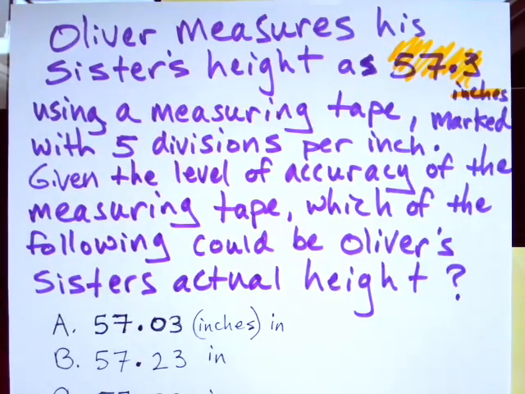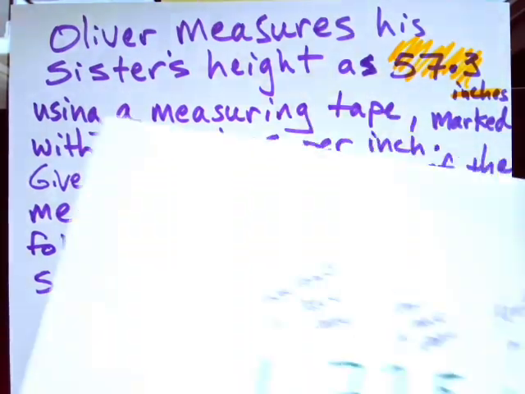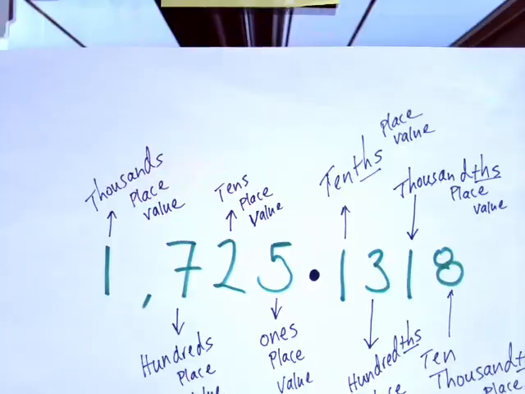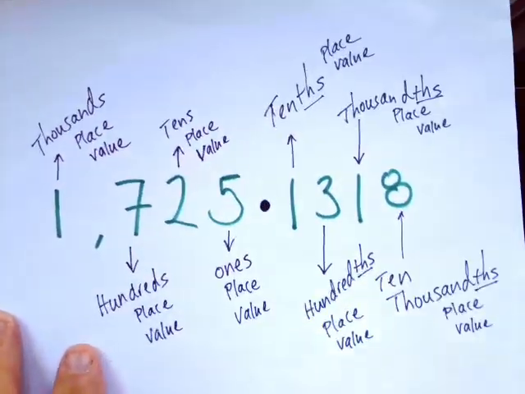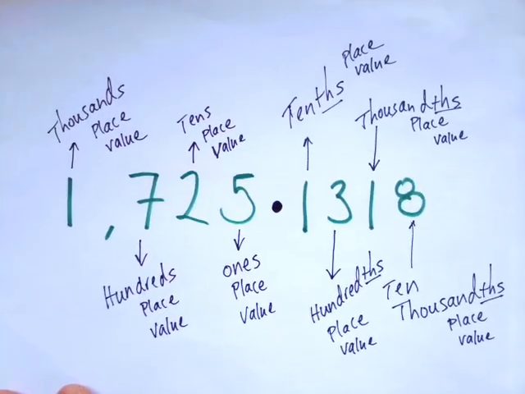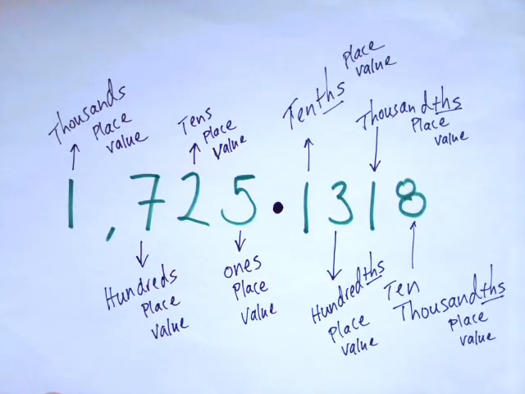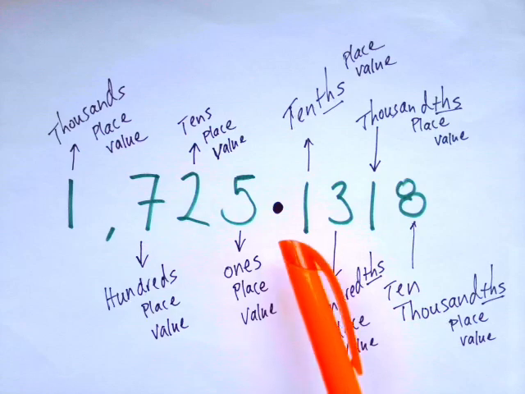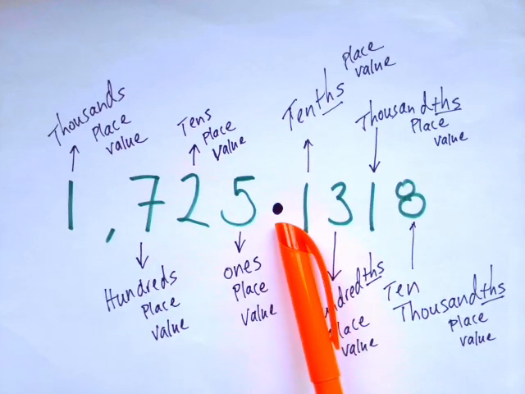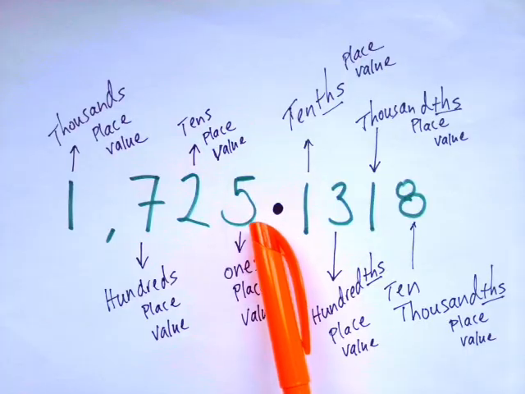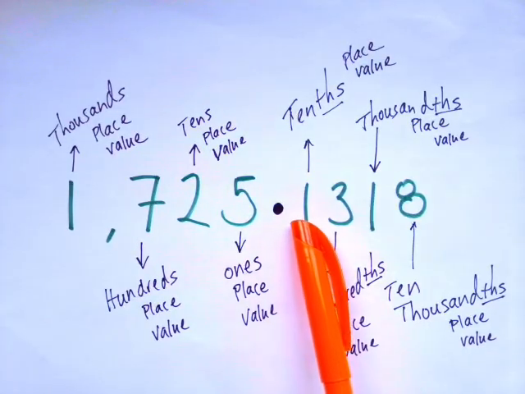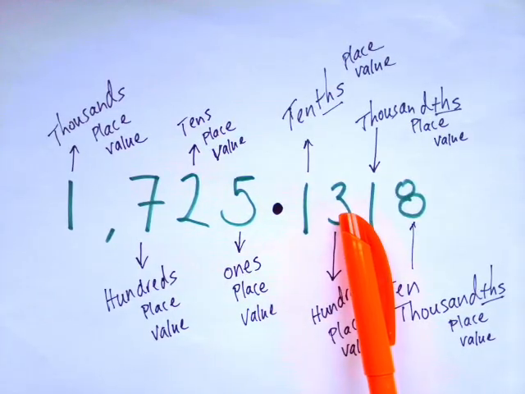And so what I'd like to do is review with you the place values that we're kind of talking about here. So let's take a look at our place values, okay? Here you have your decimal point, right? You can look at this as money, $1,725, and then you have your decimal point and 13 cents, right?